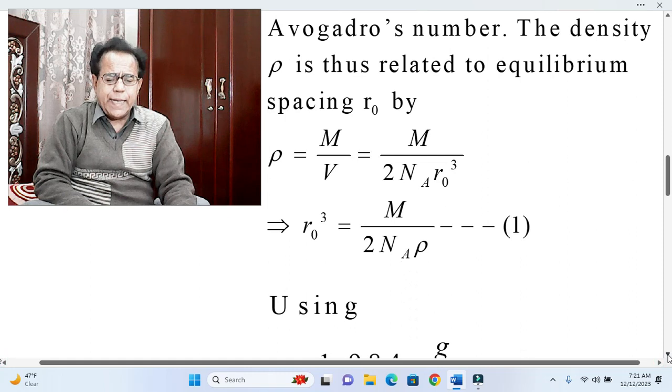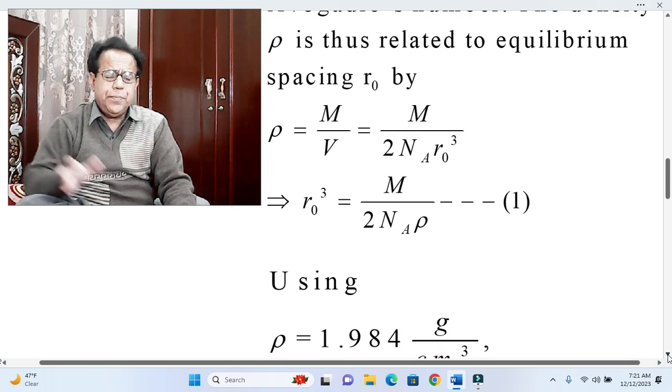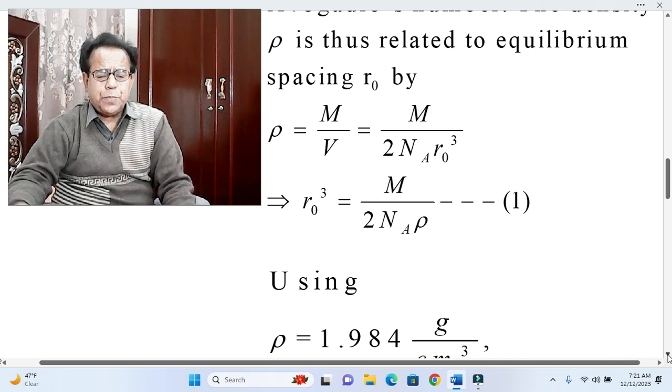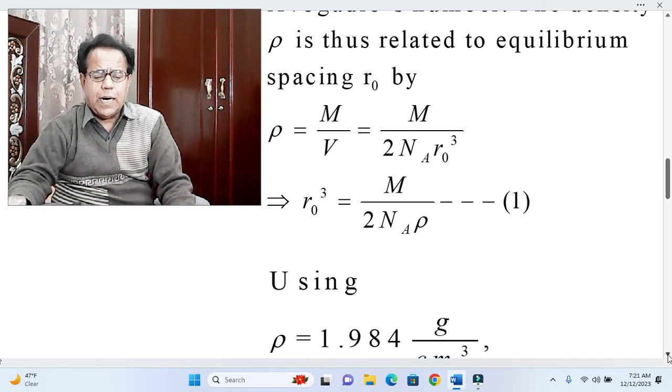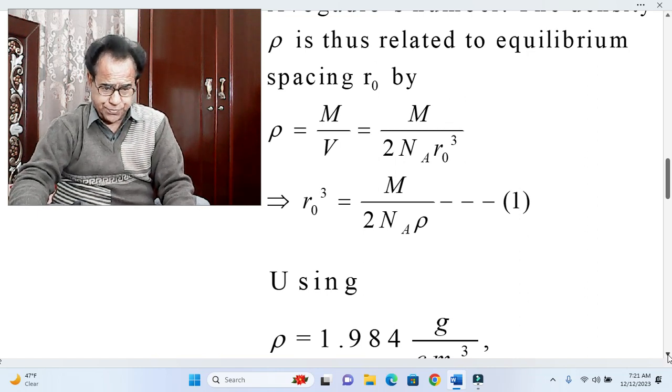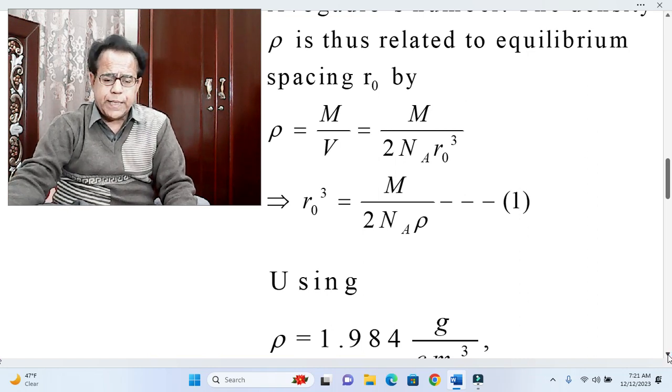This implies that if we rearrange this expression and shift R naught cubed to the other side of equality, then rho will become the denominator in place of R naught cubed.